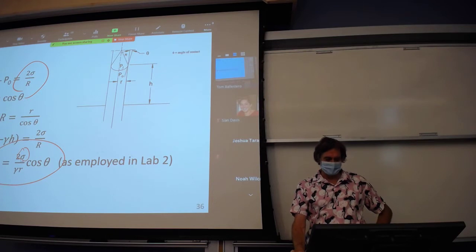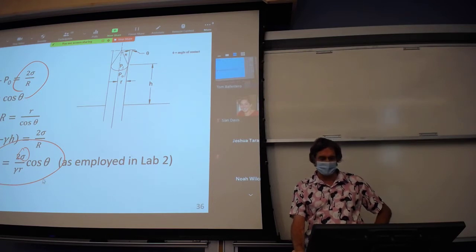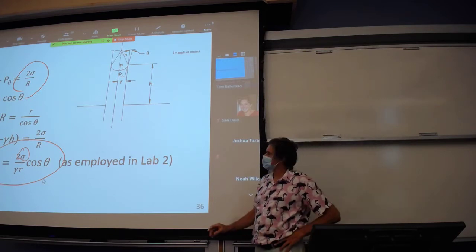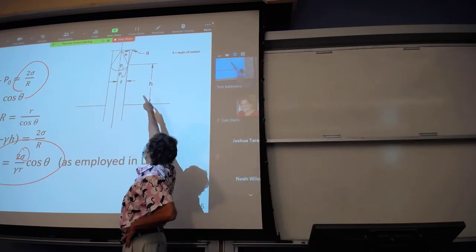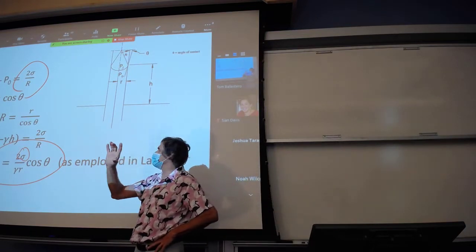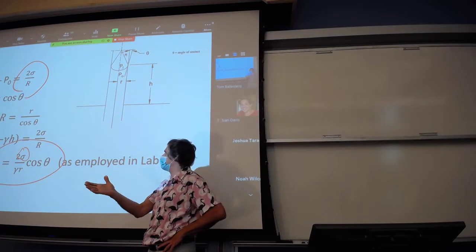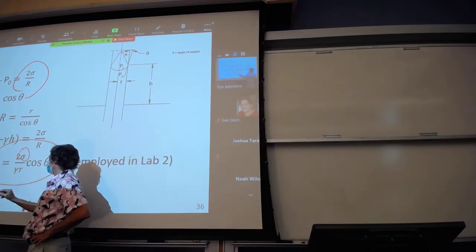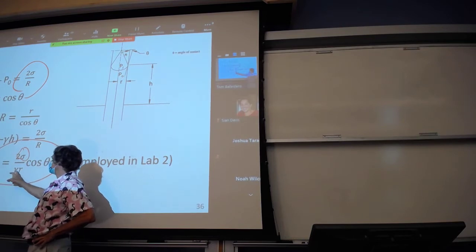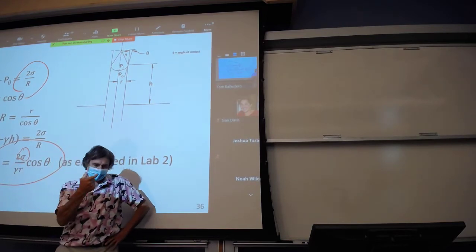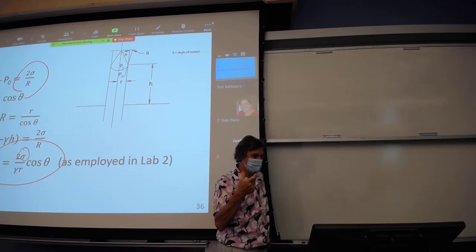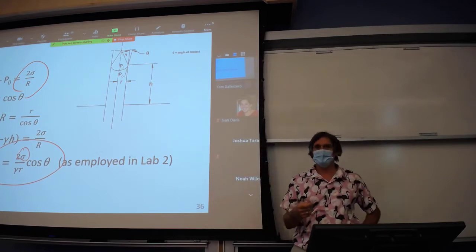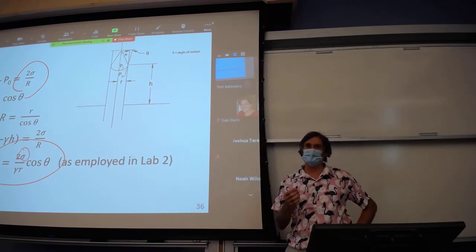But when we put that substitution in there, we get this very last equation. And so the height of capillary rise in this capillary tube, and that's what you measured in the lab, is equal to 2 times the surface tension over the specific weight of the fluid times the radius of the capillary tube times the cosine of theta. And again, theta is typically 0, or very close to it.